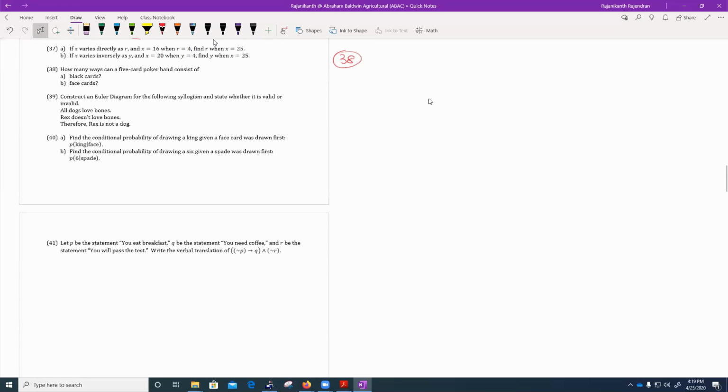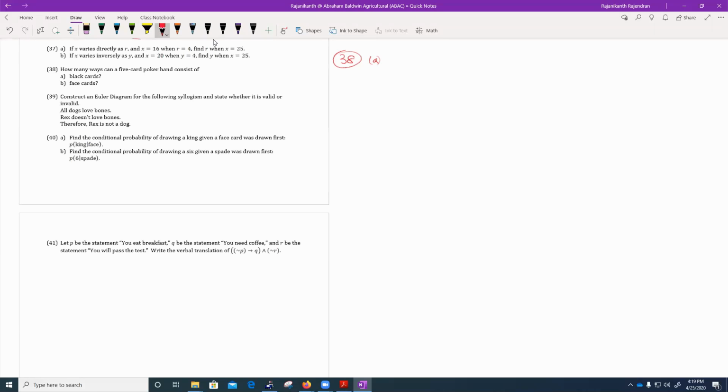Question number 38. How many ways can a five card poker hand consist of? The first part, the black, all should be black, right? So you are choosing five from all the black. In how many ways this could be done? Therefore, remember in a card pack there are 26 black, right? Spades and clubs. So it is 26.